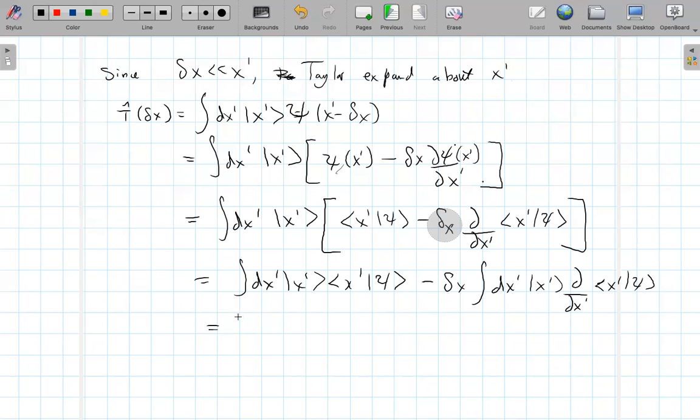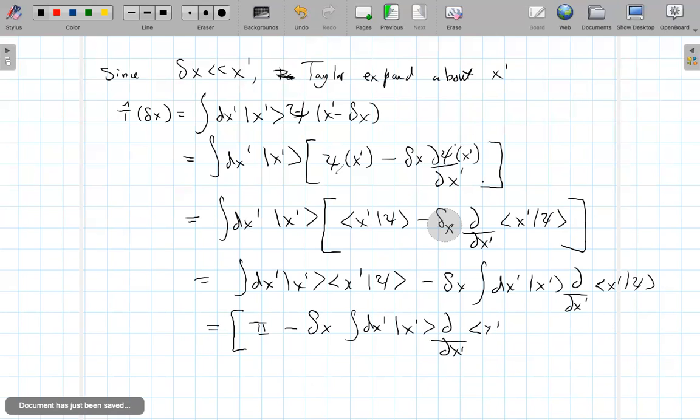So I'm going to rewrite this as 1 minus delta x times the integral dx prime |x prime> partial with respect to x prime <x prime|, all acting on psi.